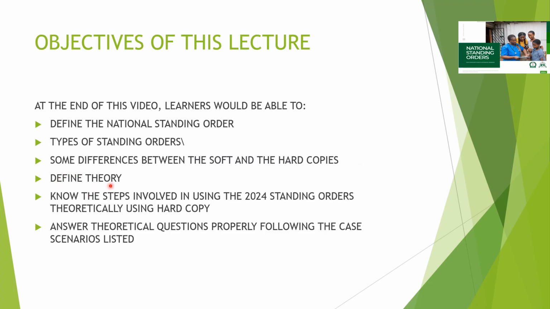They should be able to define the theory. They should know the steps involved in using the 2024 National Standing Orders theoretically, using the hard copy. They should be able to answer theoretical questions properly, following the case scenarios listed. So these are the objectives of this lecture note.